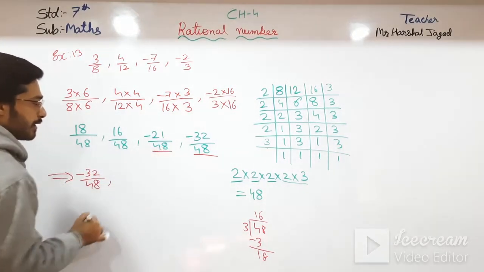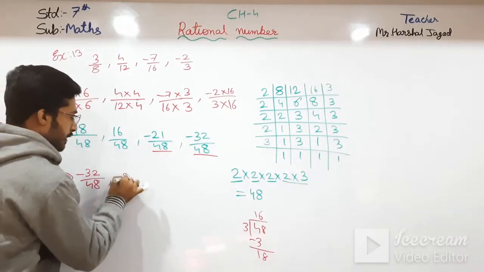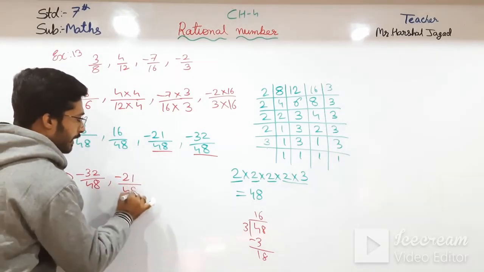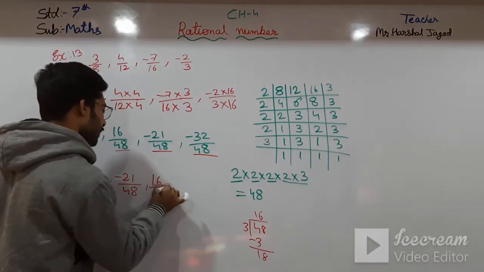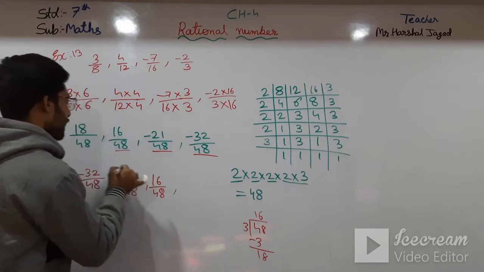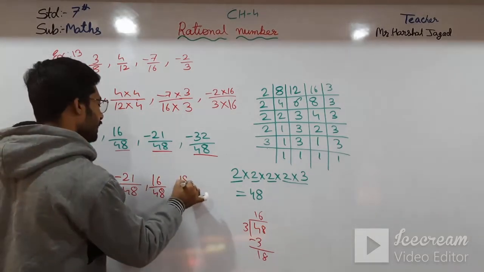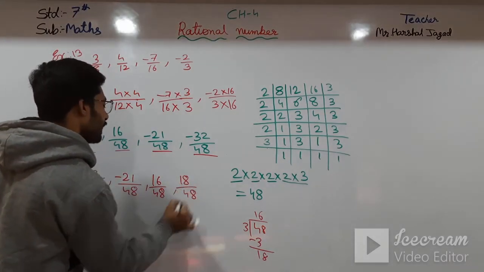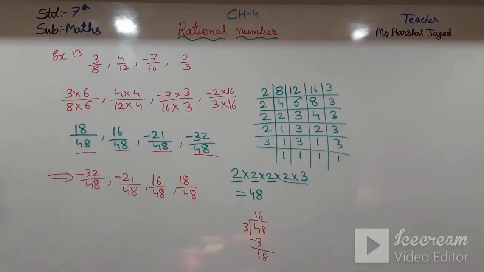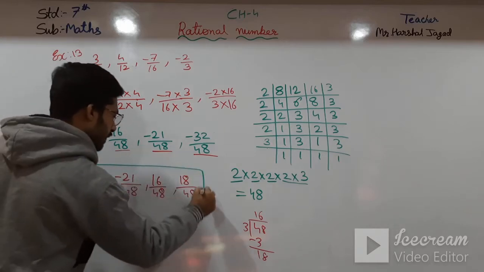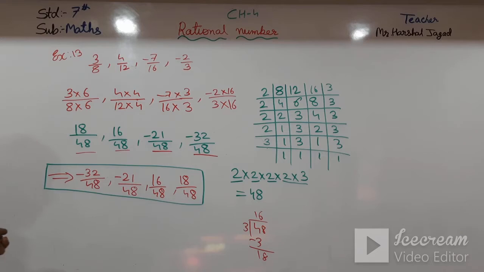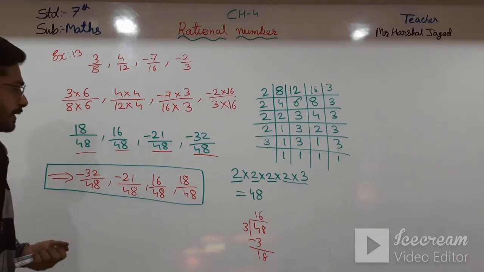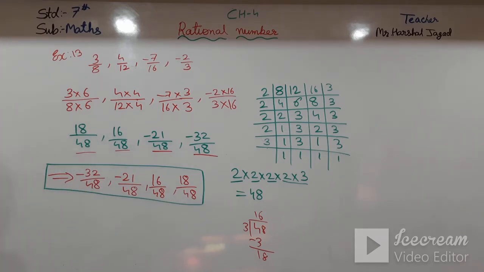Then the next smallest is minus 21 upon 48, and then the next is 16 upon 48, and at last 18 upon 48. Okay students, so this is our answer. Please note this down.